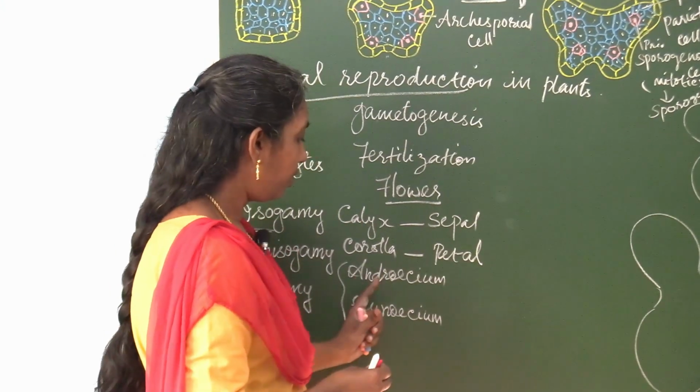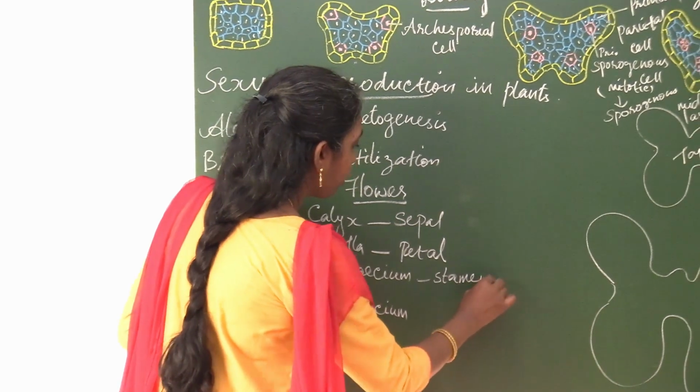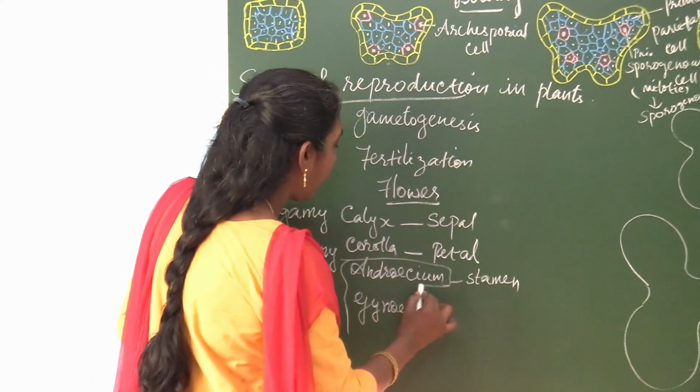Among these four whorls, the androecium is made up of stamens, and then the gynoecium. Today we are going to discuss in detail about androecium.